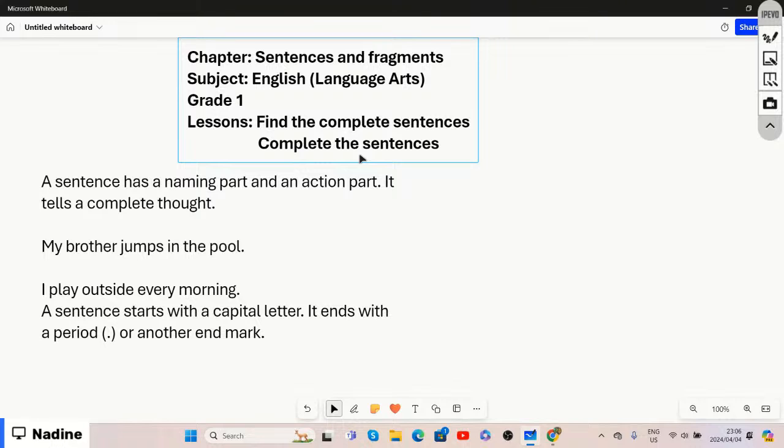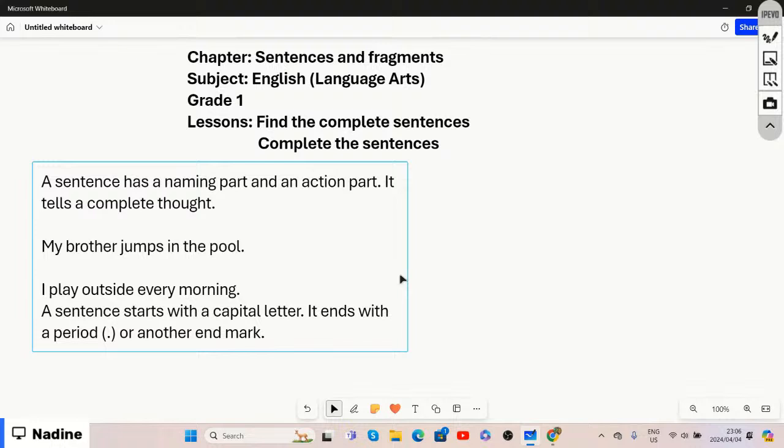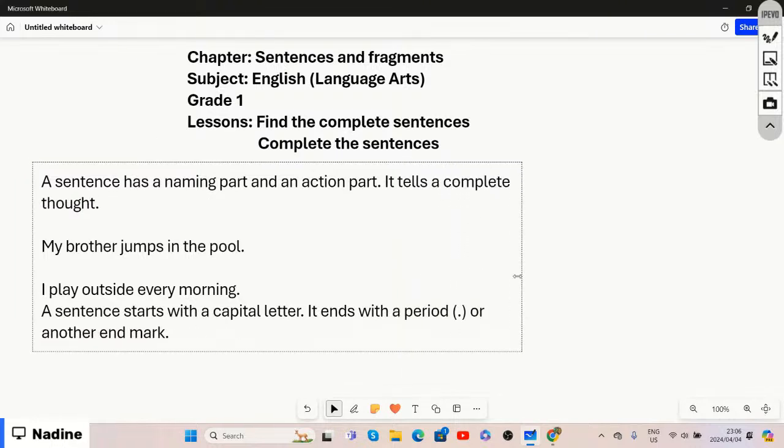All right. So when it comes to sentences and fragments, a sentence has a naming part as well as an action part.